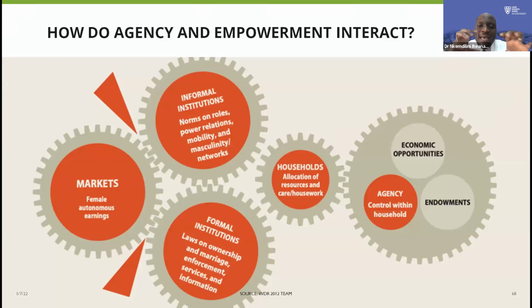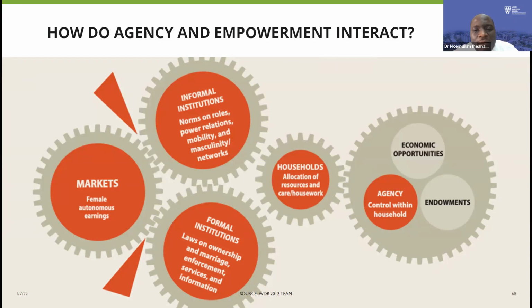Now, let's see how agency and empowerment interface. When you look at markets, markets have men and women, autonomous people who have statutory income, who earn income from their business, their investments, and their profits.